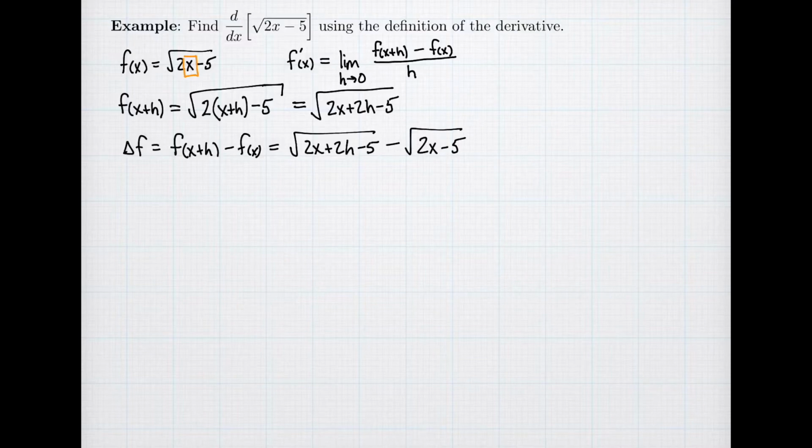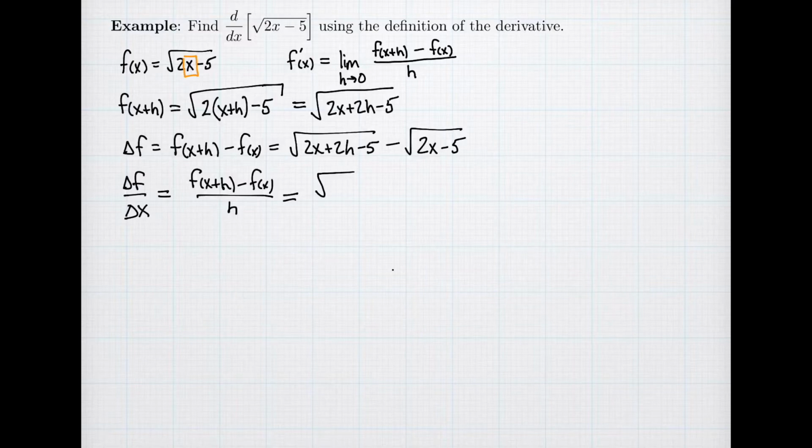In my definition of the derivative, I'll need the difference quotient, the average rate of change, and that's given by f of x plus h minus f of x divided by h. That h comes from, if you took x plus h and subtracted x, the x's cancel and I get h. That's the change in my input variable. So this is my rate of change.